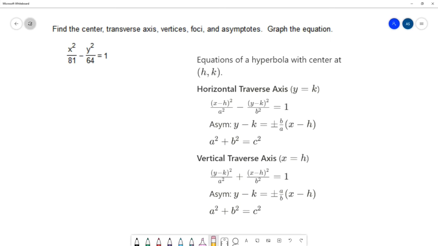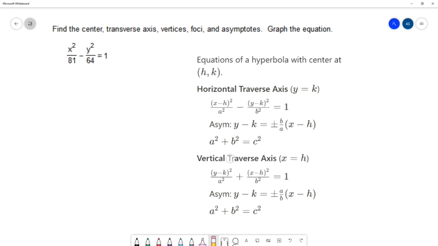The way that you can tell is by paying attention to which variable is positive and which one is negative. So you'll notice here in the horizontal orientation that your x term is positive and your y term is negative.